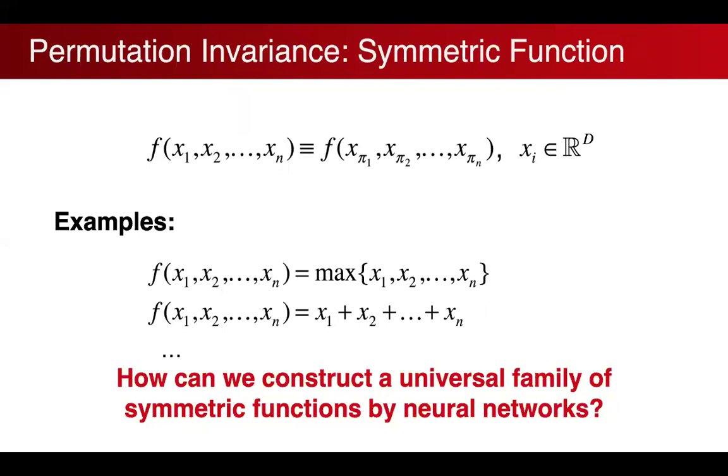Some examples of symmetric functions that are invariant to permutations are the max function or a sum. And so the question is, how can we construct a universal family of symmetric functions to be used with a neural network, such as this?